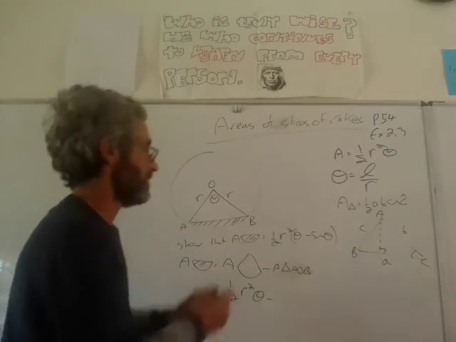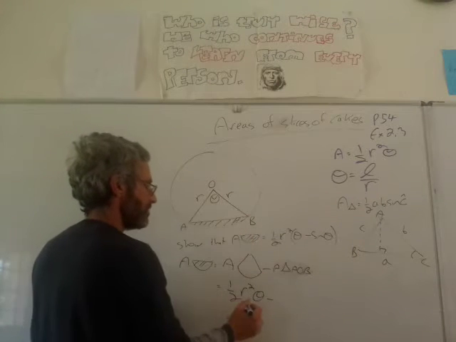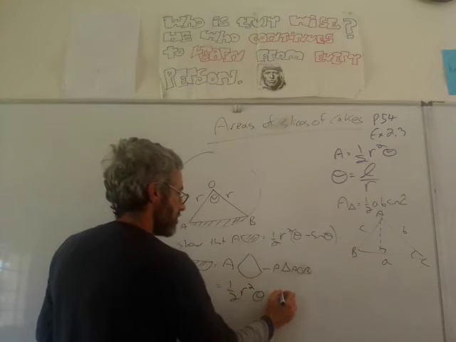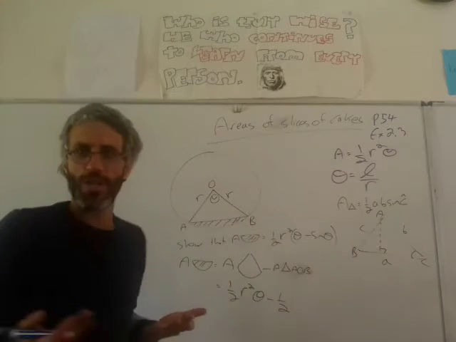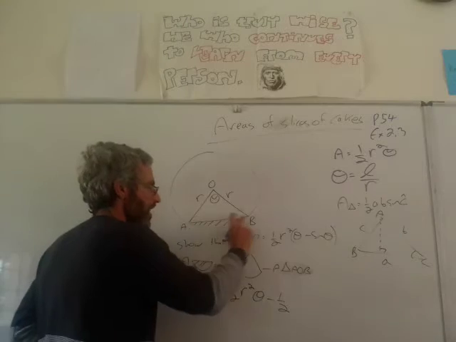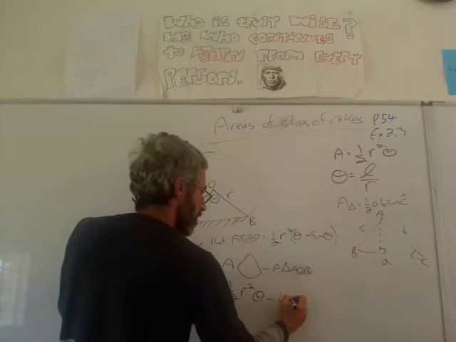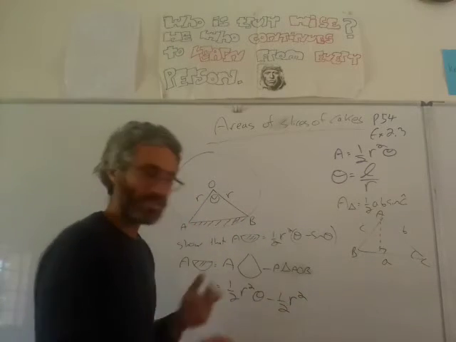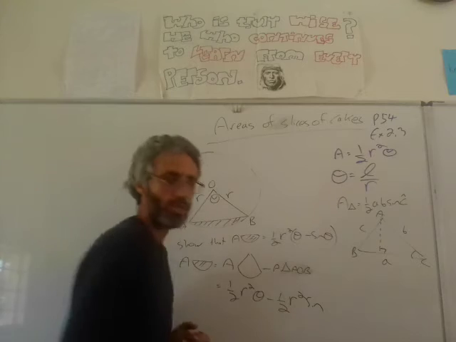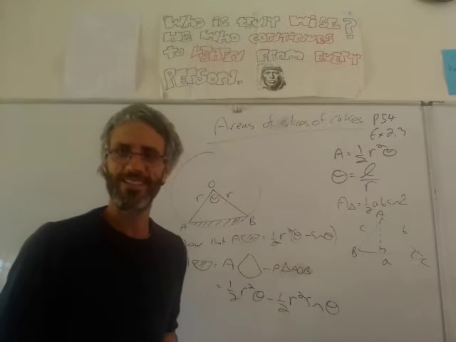So this allows me to calculate the area of this triangle AOB. The area is going to be half times a. Which sides are we going to use? We don't know the length of this side, so I'm not going to use it. I'm going to use those 2 sides. So it's going to be half times r times r, so half r squared, times sine of the angle between them, which is theta, isn't it?